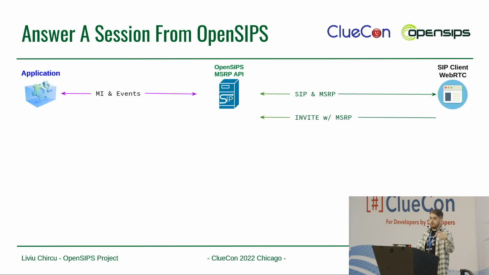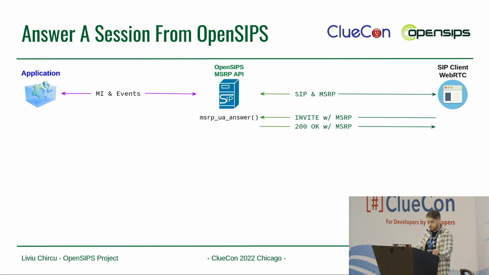In the other direction, where we try to contact the application coming in from the MSRP client side, this time we have a script function, which is the MSRP UA answer, which takes care of establishing the session, because you have an invite in your script.